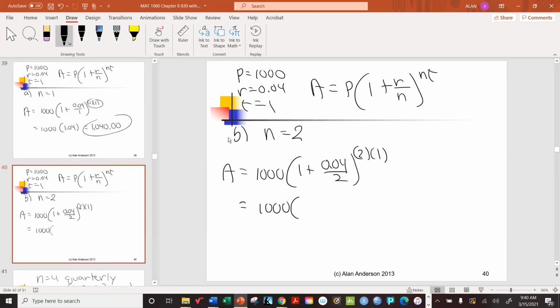So you actually have here 1 plus 2%, and the exponent is 2.